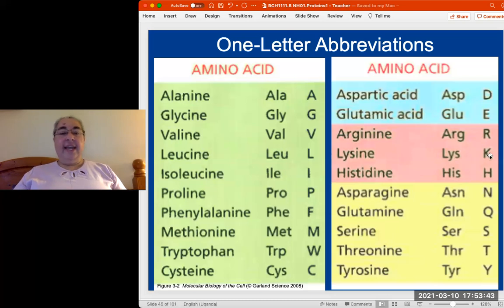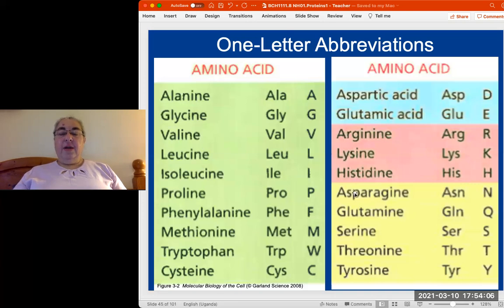Lysine is K for no good reason at all that I can see, except that K hasn't been used for anything else. Glutamine, I like to say "cutamine." Okay, and tyrosine takes the Y from the second letter.